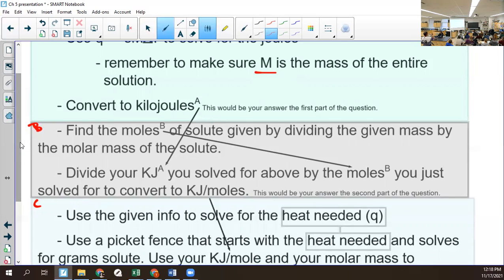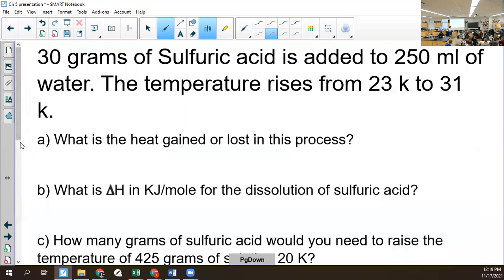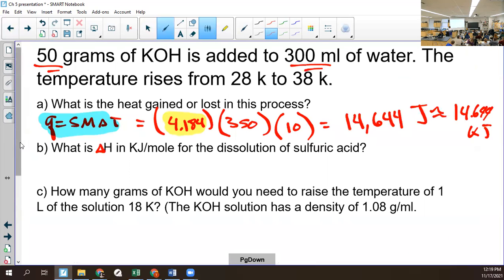So here we go. Find the moles of solute given by dividing the grams by the molar mass of the solute. We've converted to moles a ton before. Now divide the kilojoules from part A by the moles. That's how we convert to kilojoules per mole. In words, that's a little tricky, but when we write it out, it's not that bad.